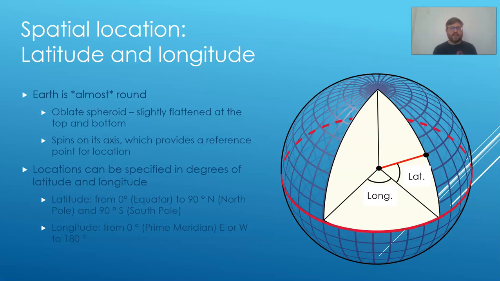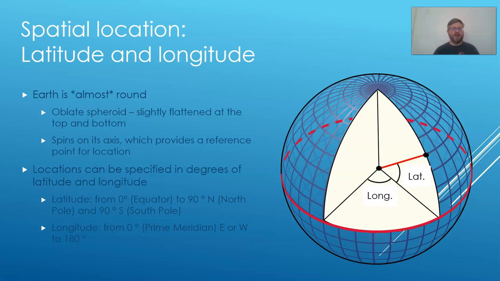And so those coordinates take the form of latitude and longitude. Latitude tells you how close you are to one of the poles, and it's measured in degrees. 0 degrees latitude is the equator, the midpoint between the poles. Then you have an increasing number of degrees either north or south until you get to the poles.